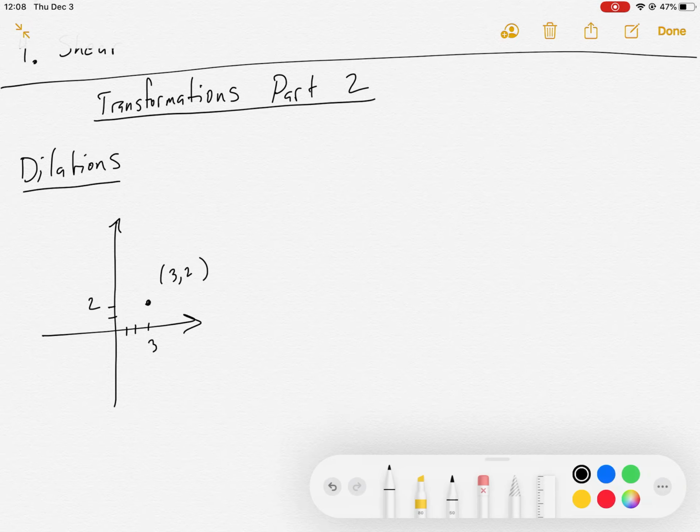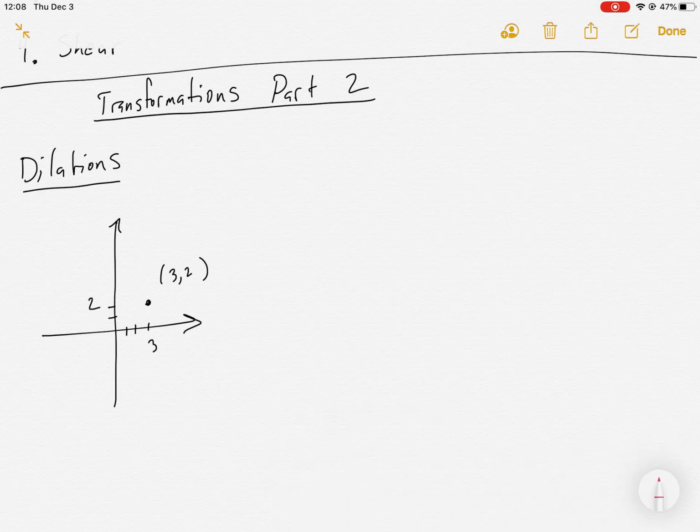And let's just take a look at a couple different things we could do. We could dilate this by moving it further away or closer to the x-axis. So this would be a dilation with respect to the x-axis.